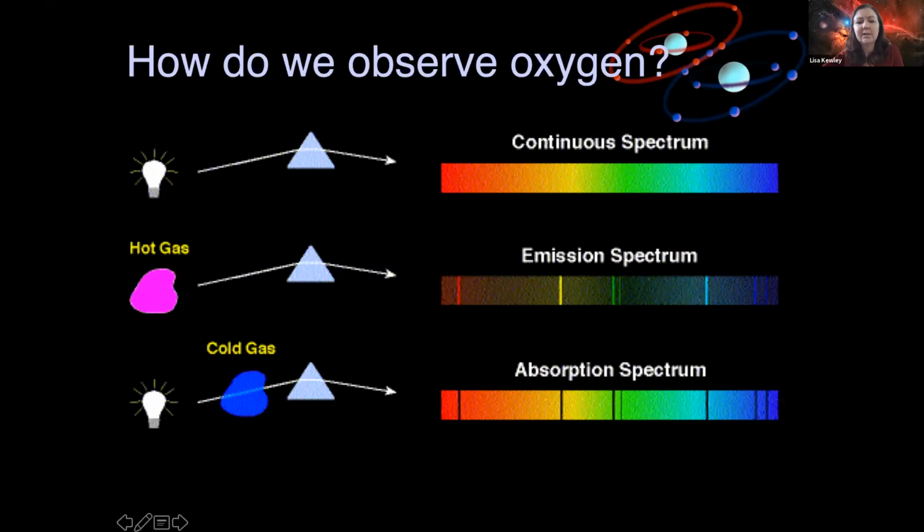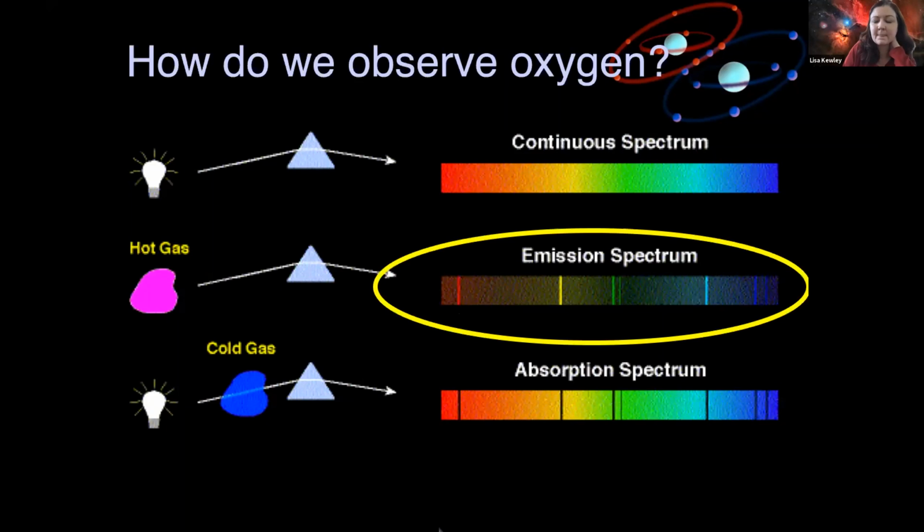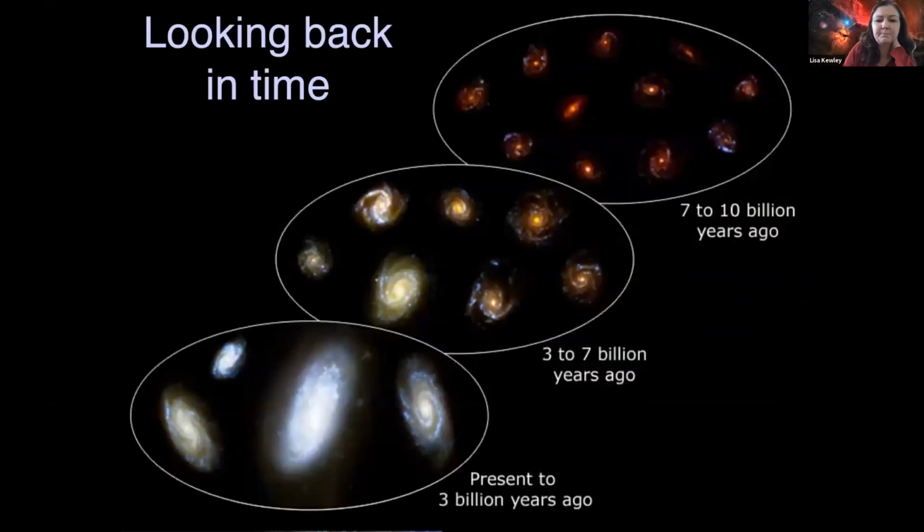So you can see the colors of the rainbow here. This is because the light's been split into different frequencies. And right at the left, that red line there, that is a hydrogen line, and right at the right in the blue, very blue, far blue, you can actually see two oxygen lines. These are the oxygen lines that we use to measure the amount of oxygen in galaxies in the universe. So we're using this type of spectrum.